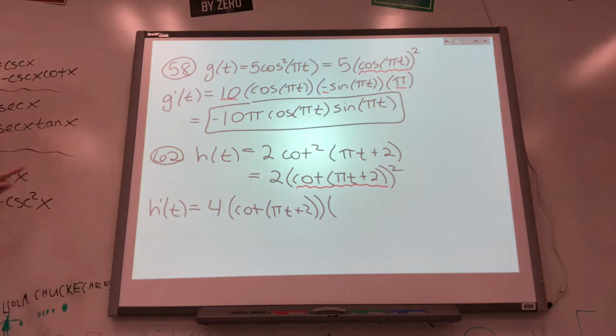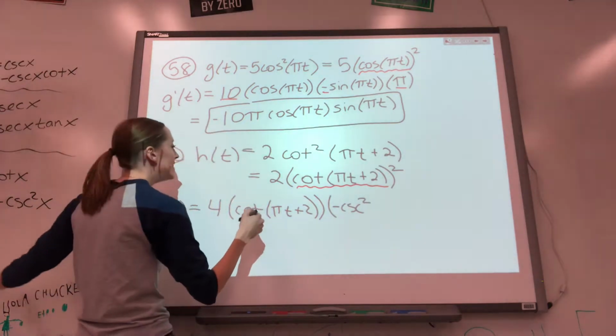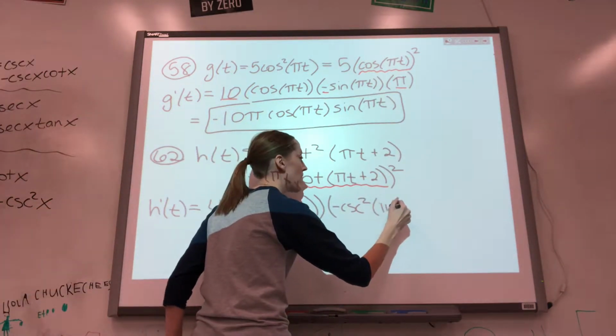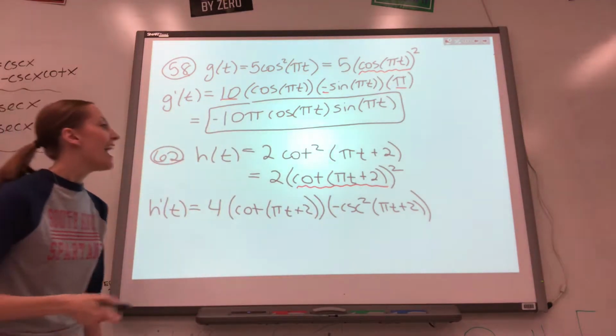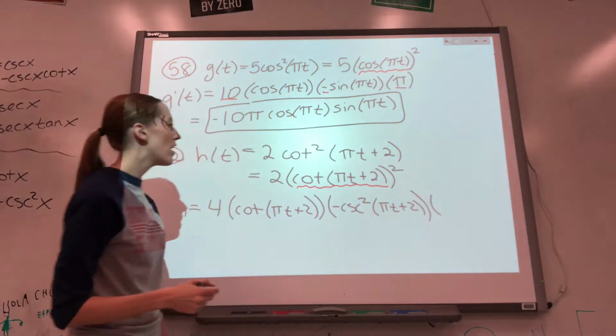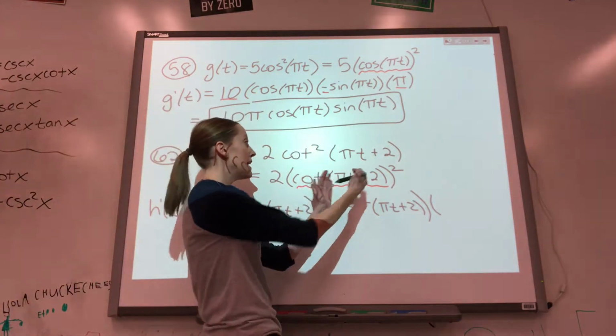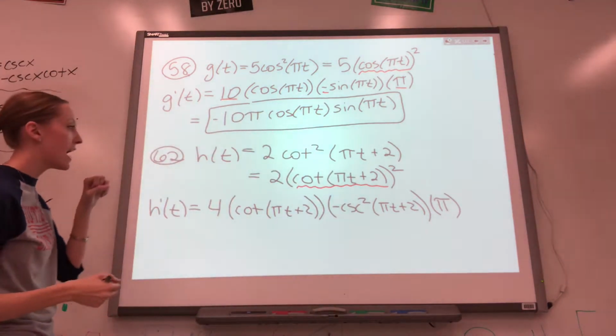Derivative of cotangent is negative cosecant squared, not x though, for us it's pi t plus 2. And then I have to come back and take the derivative of the part that was in these parentheses, which would just be pi.